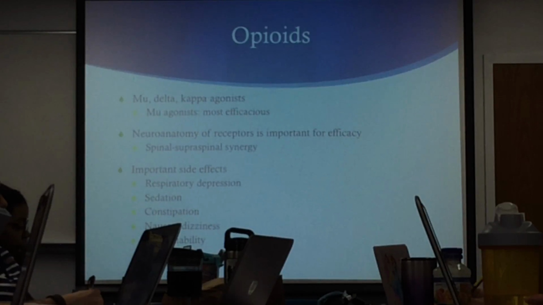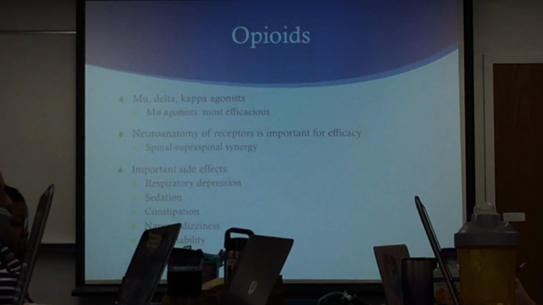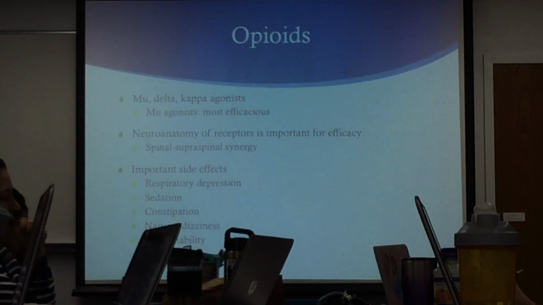And so knowing why they're effective for the treatment of pain is just a matter of knowing where these mu receptors are located. So the neuroanatomy of the receptors is extremely important for their efficacy, particularly the fact that they're both in the spinal cord and the dorsal horn, and they're also in the supraspinal sites that we talked about for these pain transmission pathways.